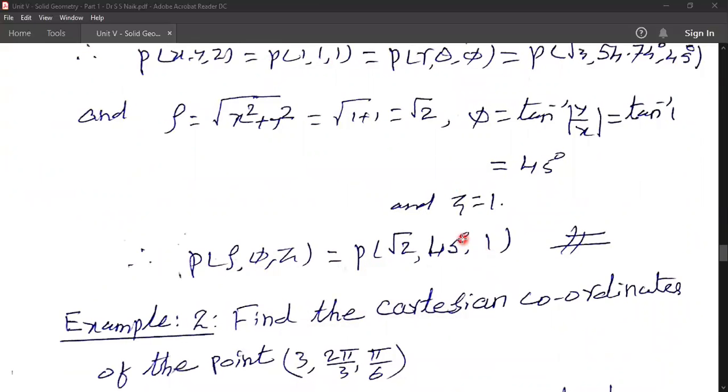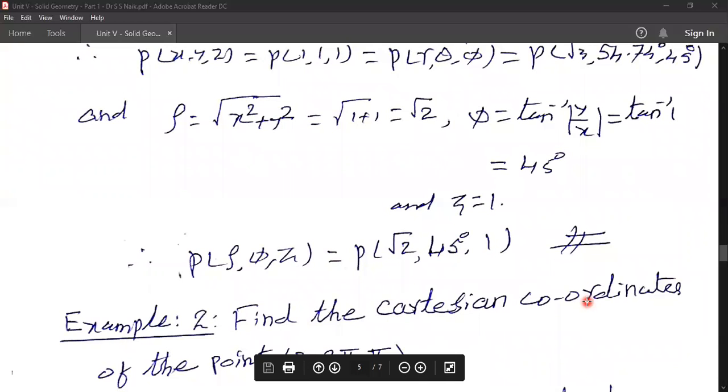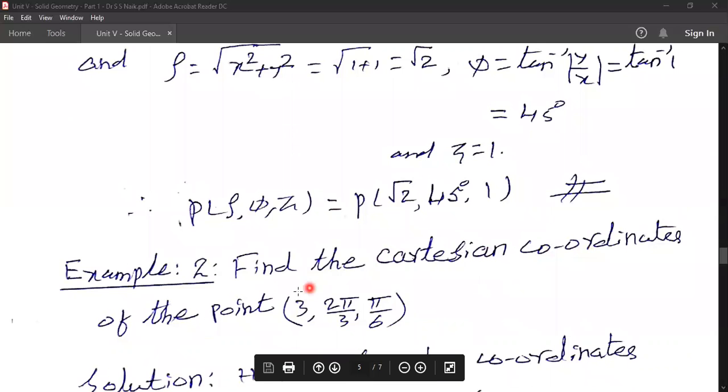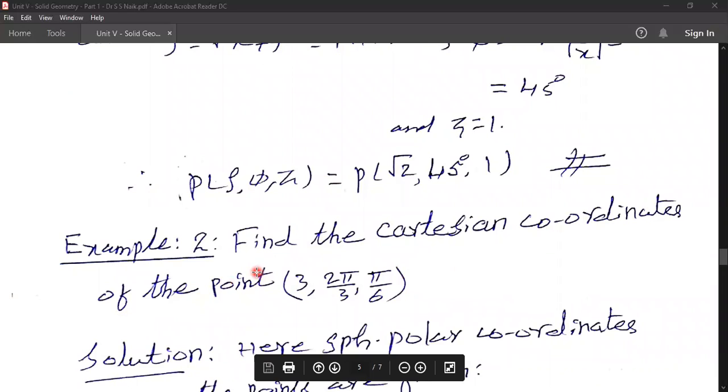Then similarly, we'll see if the spherical polar coordinates are given, how to find the corresponding Cartesian coordinates. For example, we'll take the second example. Find the Cartesian coordinates of the point (3, 2 pi by 3, pi by 6).